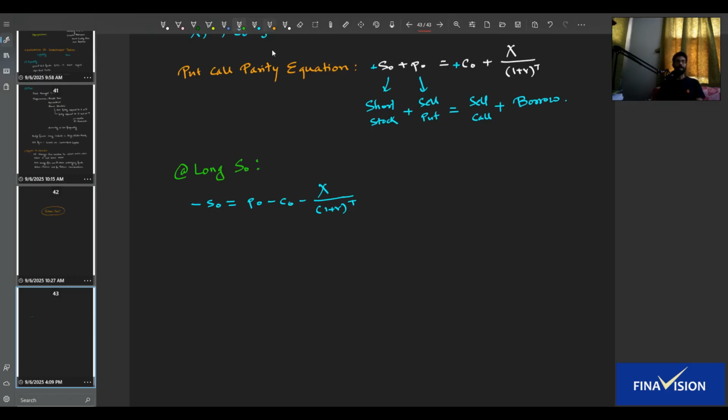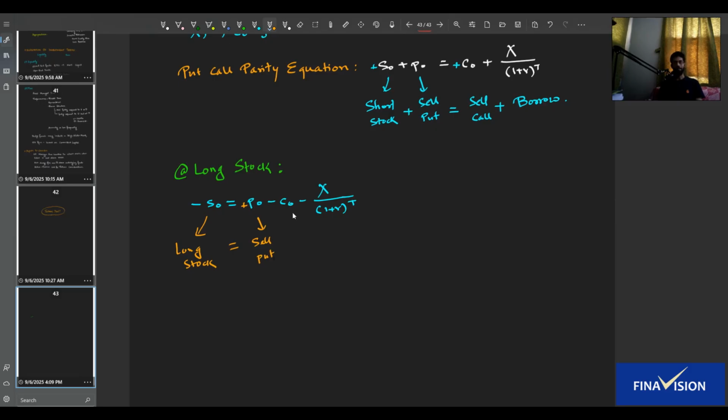Now here on the left hand side, what we have is a long stock. Let me write here long the underlying or long the stock. This is equal to plus P0 here, right? So plus P0 means selling of the put.